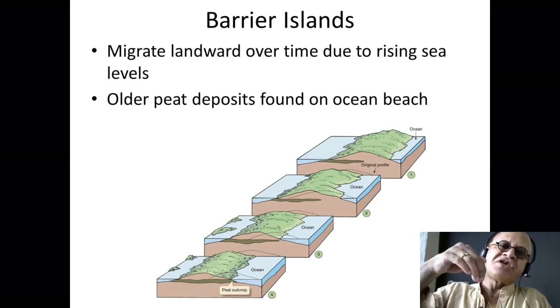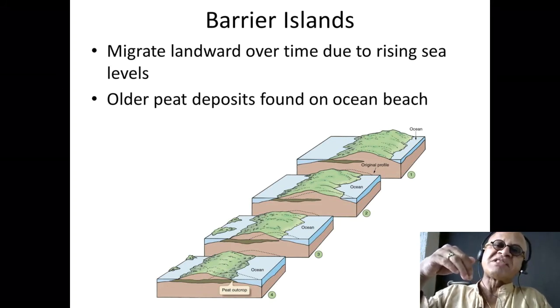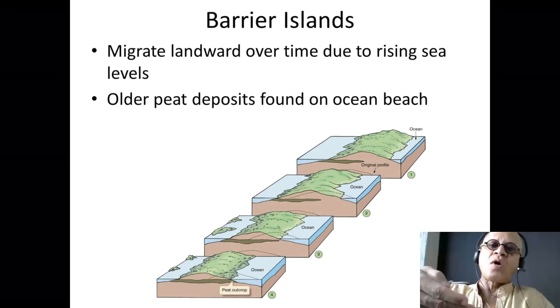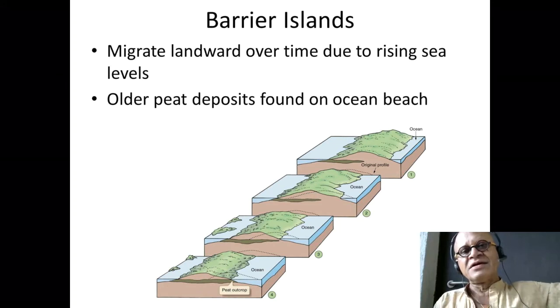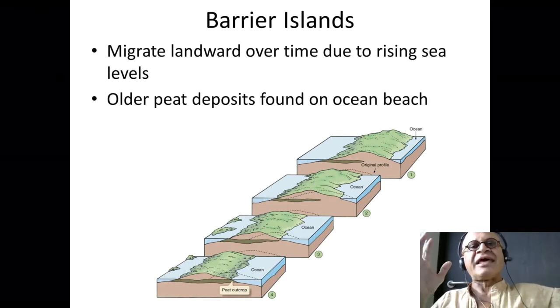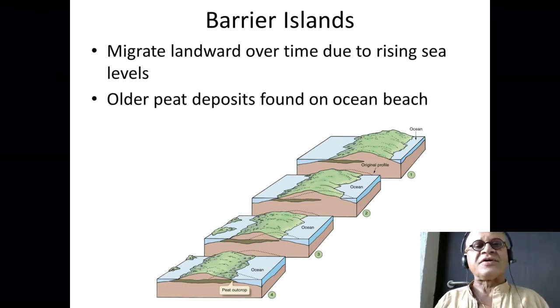So it's burying that photosynthesized material that falls into the water. Okay, so it keeps rolling over and joins the mainland and becomes part of the mainland, and a new barrier island forms as the wave energy continues to bring in sand and create this dynamic.